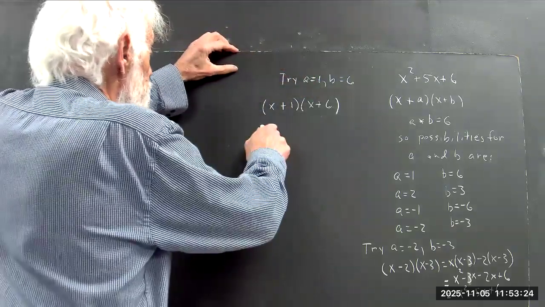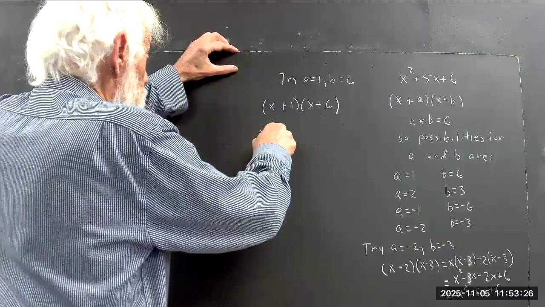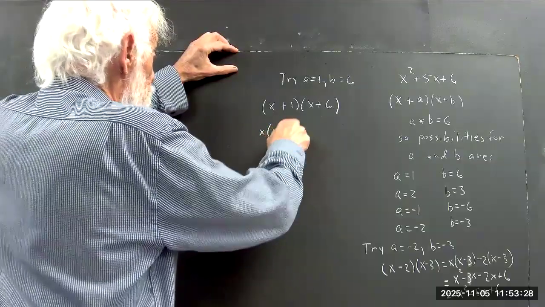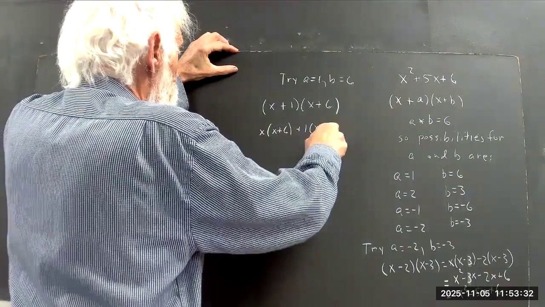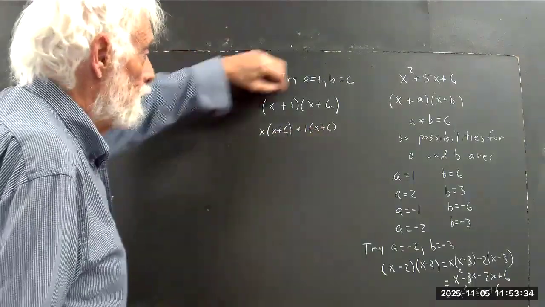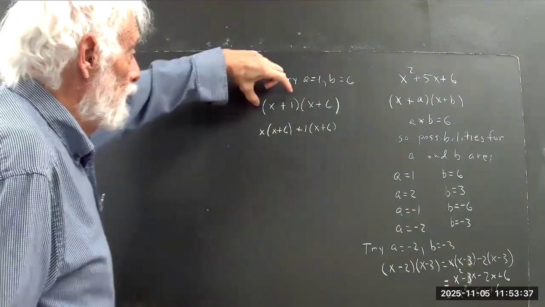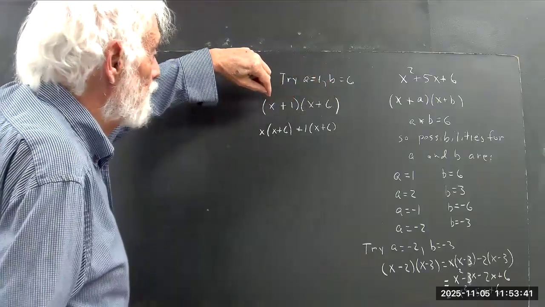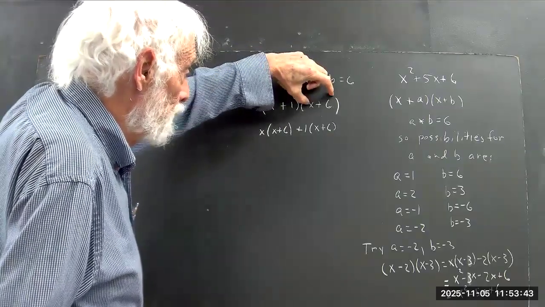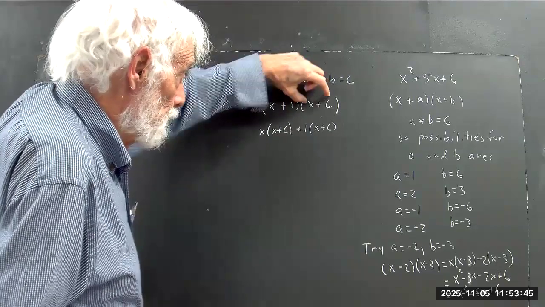Multiply this, and you need to understand this. We need to multiply x by x plus 6 plus 1 times x plus 6. This factor multiplies this factor. That means that this term multiplies this factor, and this term multiplies this factor.